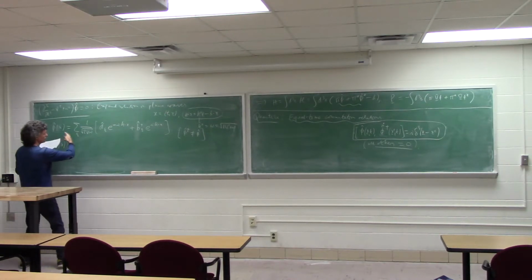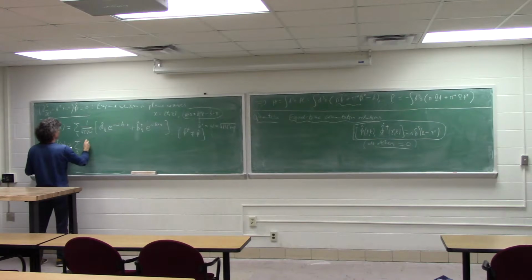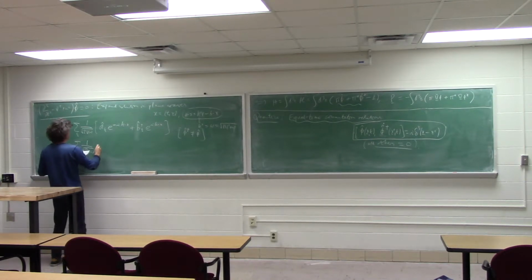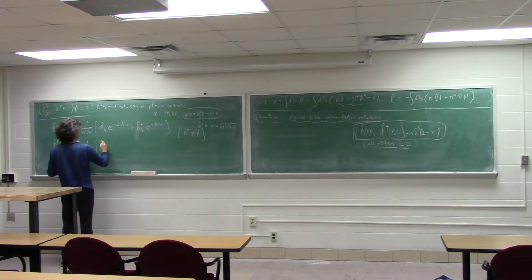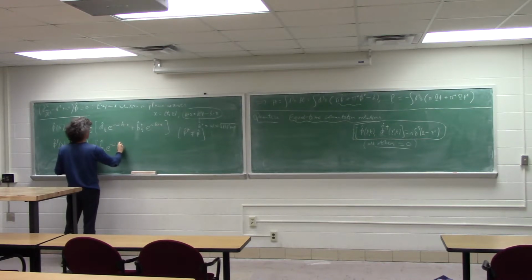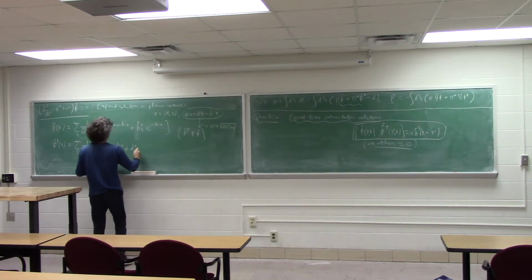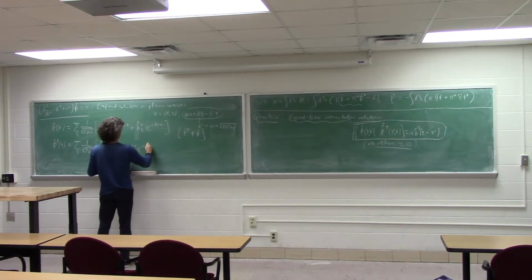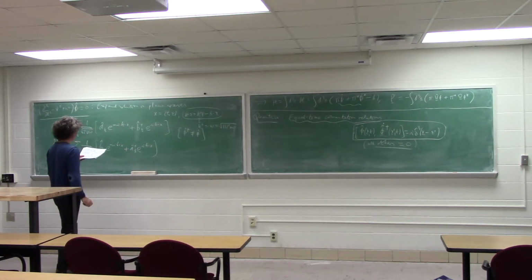If you've got the expansion for phi, obviously the expansion for phi hat dagger is just the Hermitian conjugate, and it's redundant to write it down, but let's write it down anyway. You take the Hermitian conjugate, you get b hat k e to the minus i k dot x plus a hat dagger k e to the plus i k dot x. There we go.